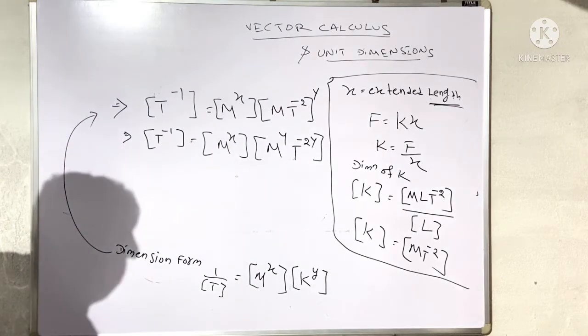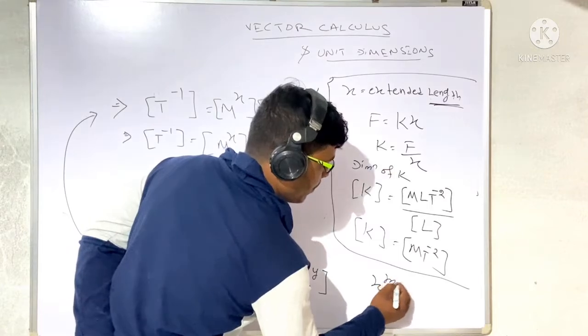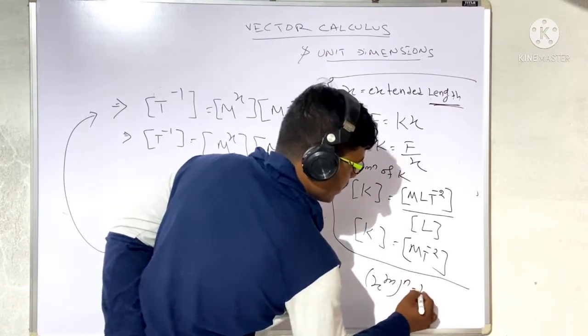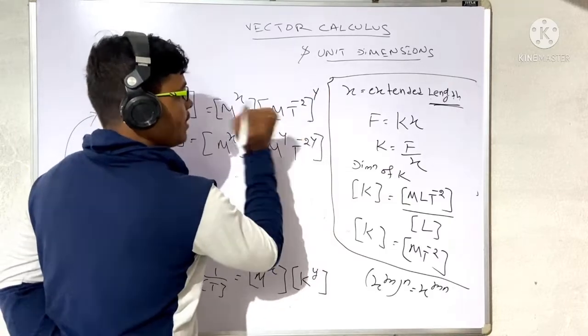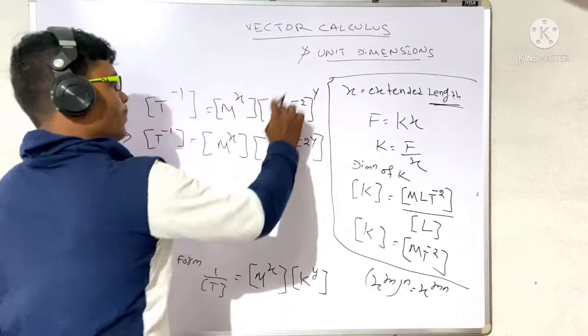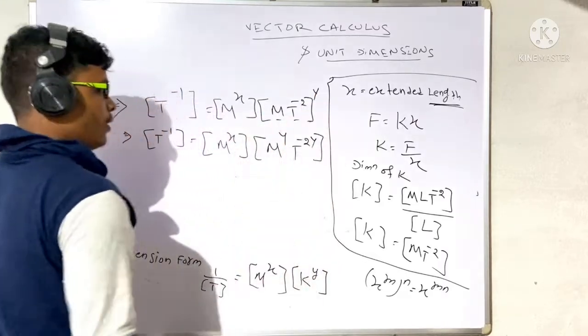This is the mathematical formula: (x^m)^n equals x^(mn). So we just multiply the powers: M^y, T^(-2 into y), that is T^-2y.